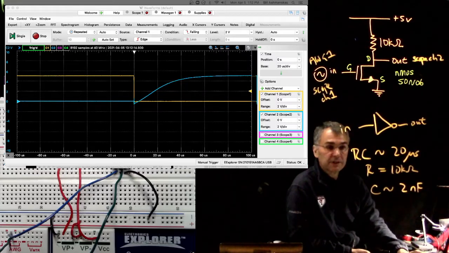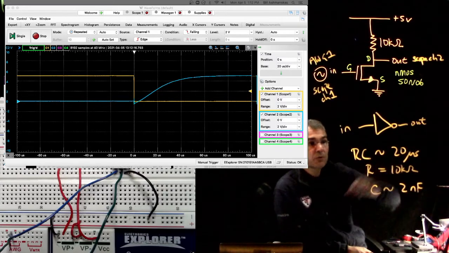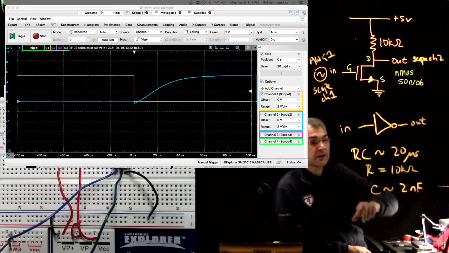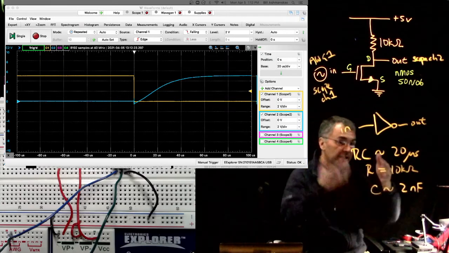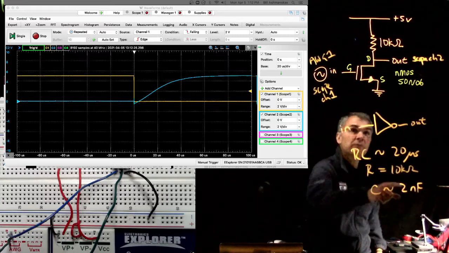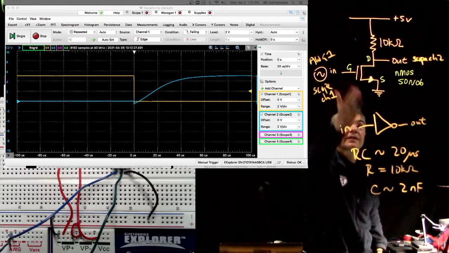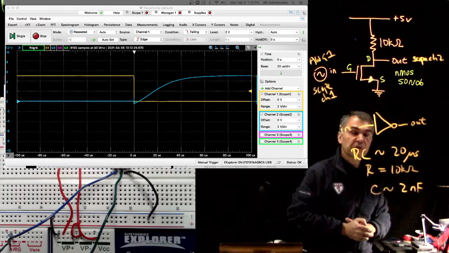Yeah, so I think that's plausible. If I put in RC is 20 microseconds and R is 10K, then I get C is something like 2 nanofarads. They're all order of magnitude numbers, but that seems plausible since we had a gate capacitance earlier of something on the order of 1 nanofarad.